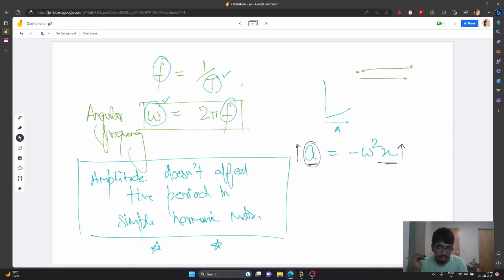Or we can say that if we use a stiffer string, that is the example that a book talks about. So there is a string, and then you pull it a little bit harder, and that string is now tight, right? So imagine this is the setup. This is tight.